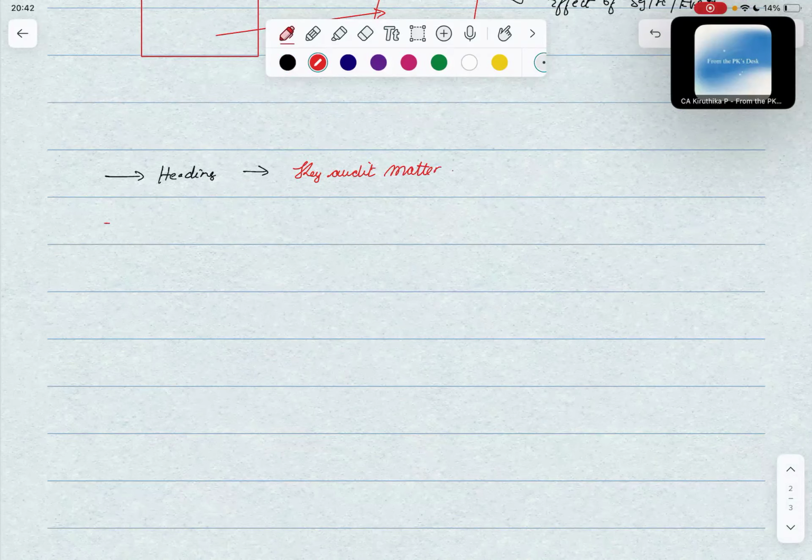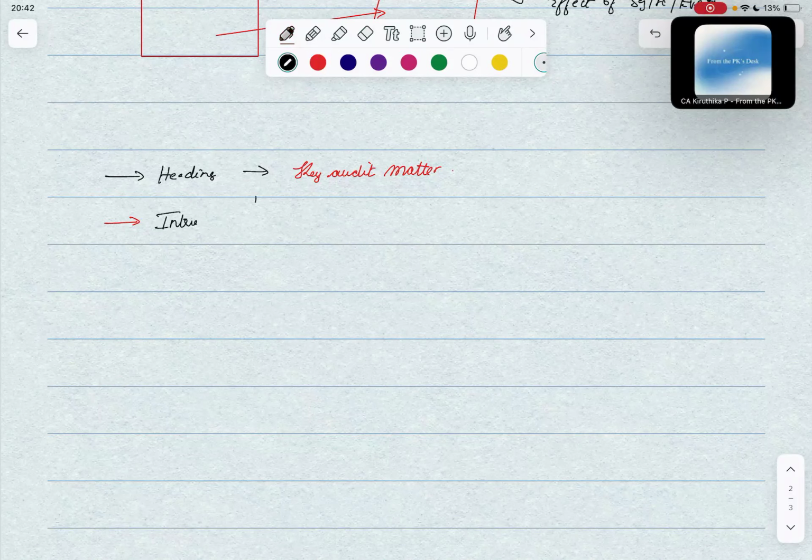Now let's say we're just including this key audit matter as auditors, and we're not saying what this key audit matter means. Then tell me whether a user of FS, when they see this key audit matter, will be able to understand what a key audit matter is? No, right? So what we're doing is we're going to include an introduction para.